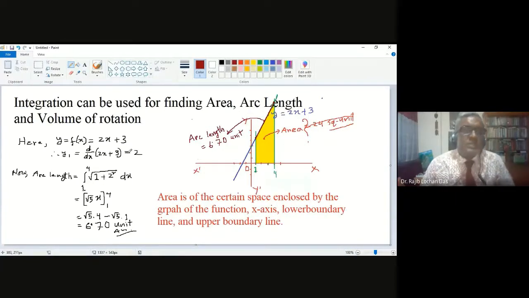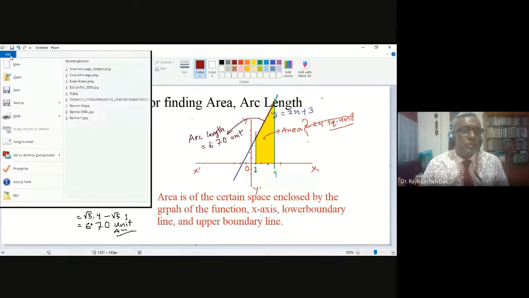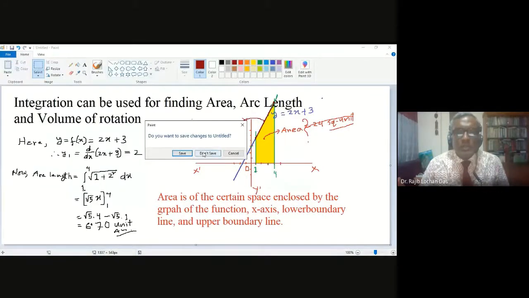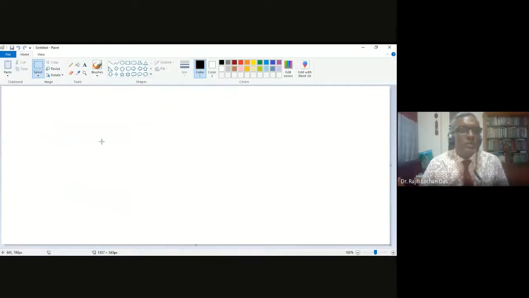Let me just erase this and do similar kind of calculation newly for another example.